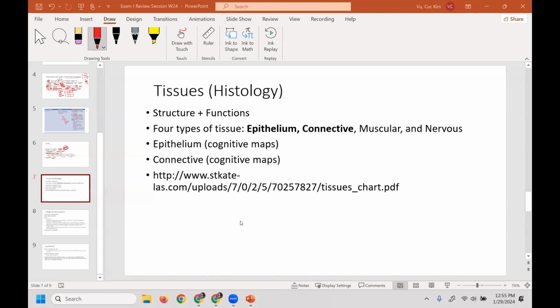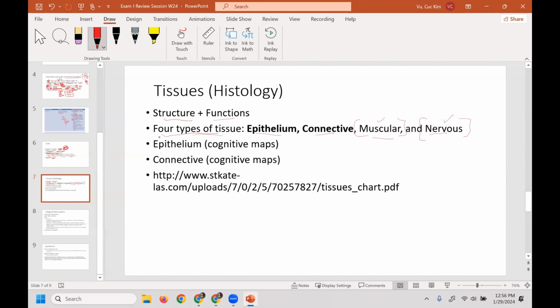Make sure you understand the structure and function of the tissues, and then understand that there are four types: epithelium, connective, muscular, and nervous. Know how they're different and how they're similar. Of these four, I went through the last two very lightly because there's a separate chapter on nervous and muscles, and that's why I didn't go into them in too much detail.